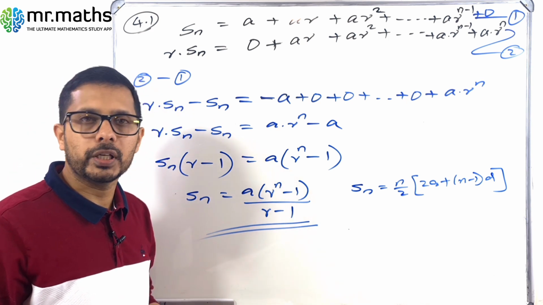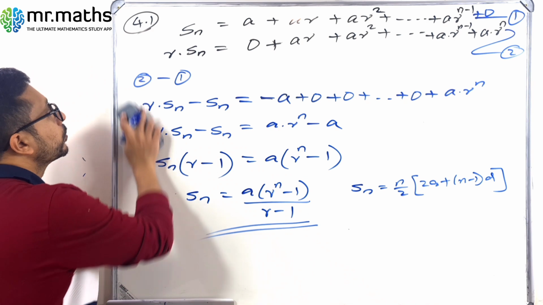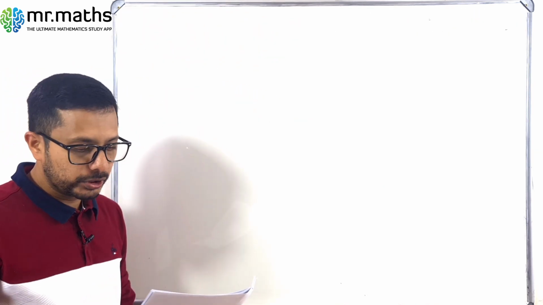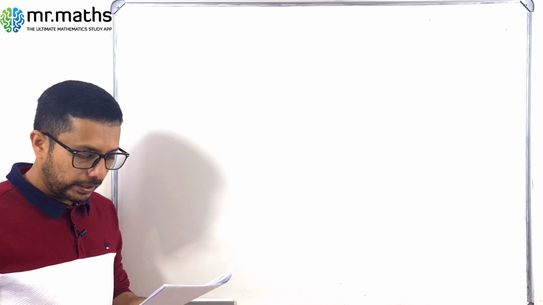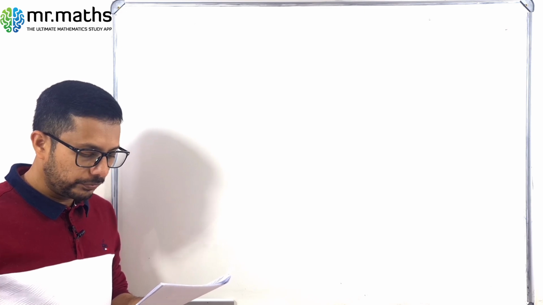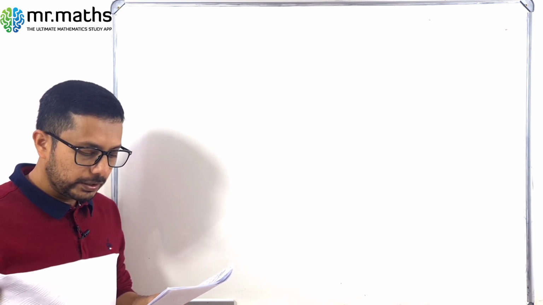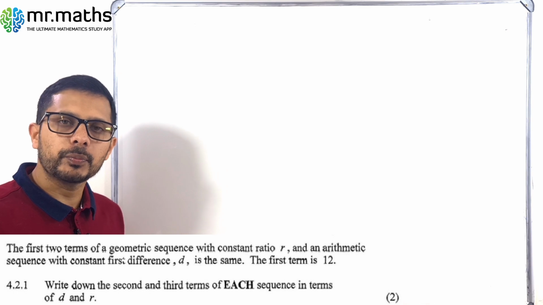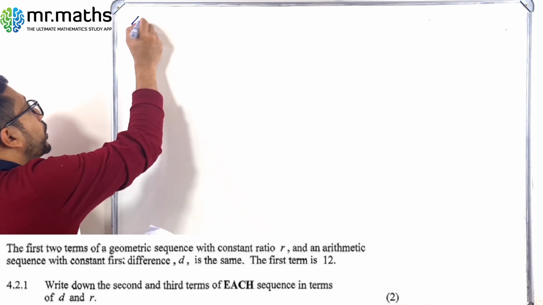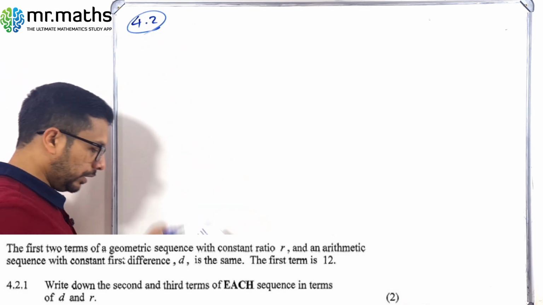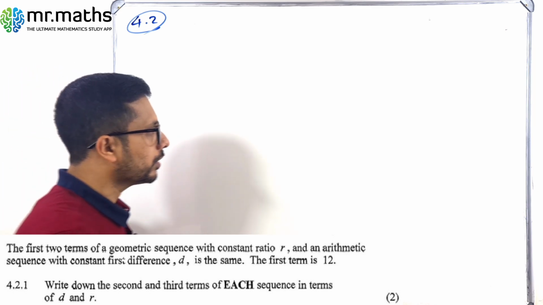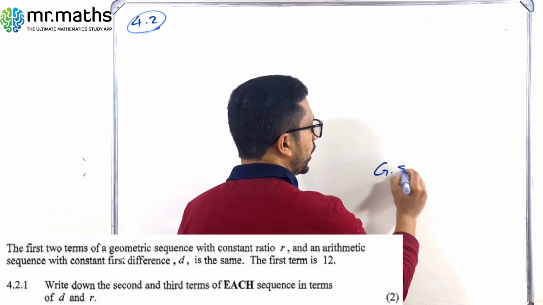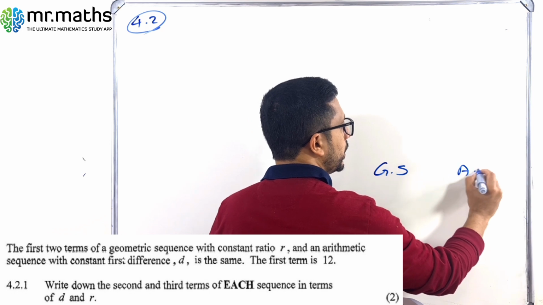Now let's move to the next question, question number 4.2. The first two terms of a geometric sequence with the constant ratio r and an arithmetic sequence with the constant difference d are the same. What is the meaning of that question? Okay, so there are a geometric sequence and an arithmetic sequence.